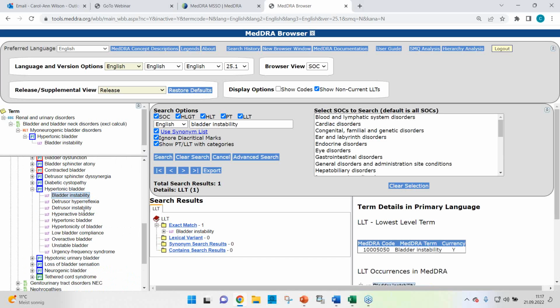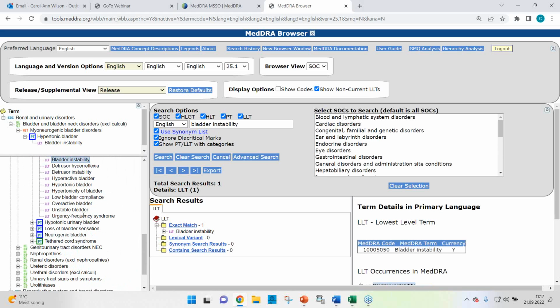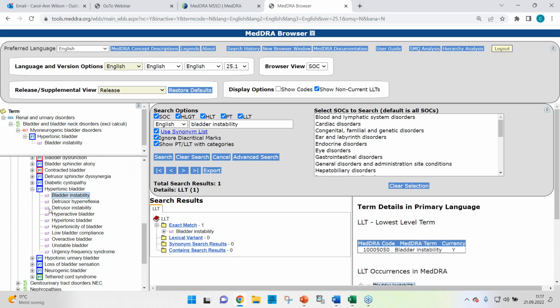So this would not be appropriate. This is not what has been reported here in this instance. So always, if you're considering an LLT, check the hierarchy, look at the siblings under the same PT, look for other terms in this grouping in order to verify whether your consideration is appropriate, yes or no.